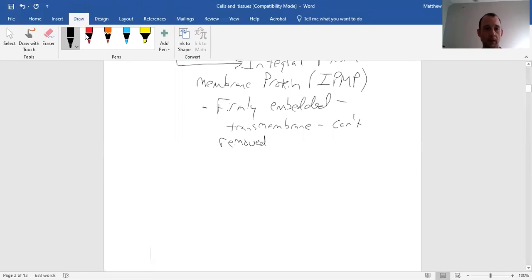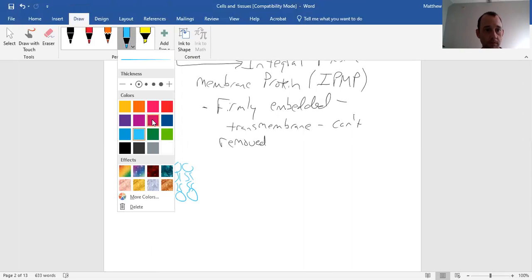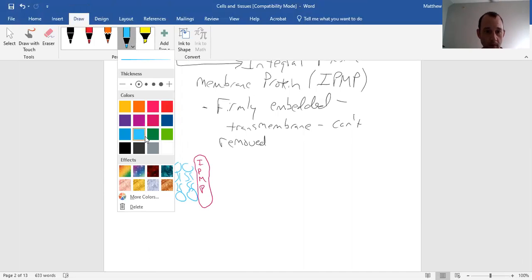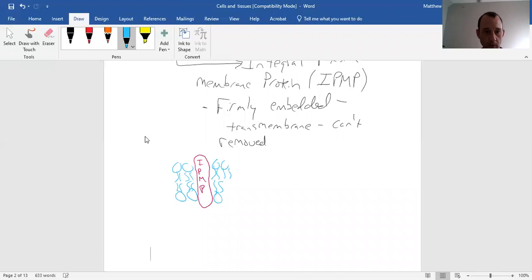So if we go back to our picture here, and I have a phospholipid bilayer, then a transmembrane protein, or this integral plasma membrane protein, IPMP, spans the entire membrane. In other words, then your membrane and phospholipid bilayer would continue here, making that up.